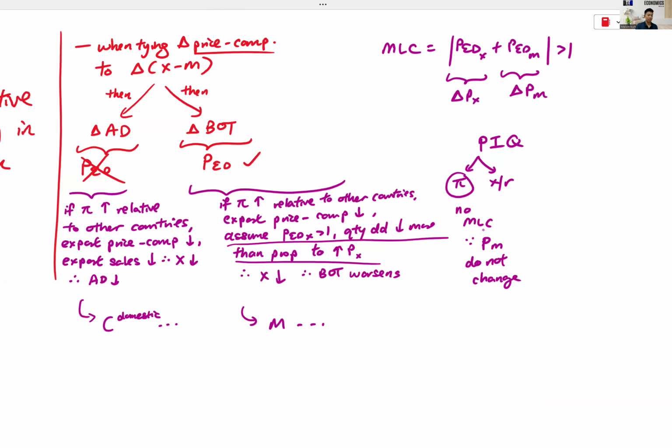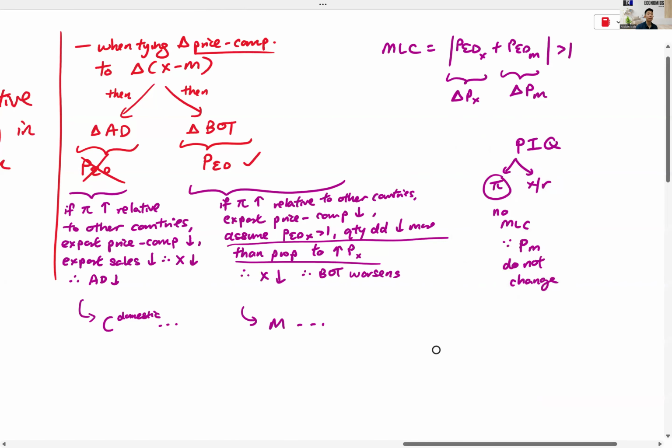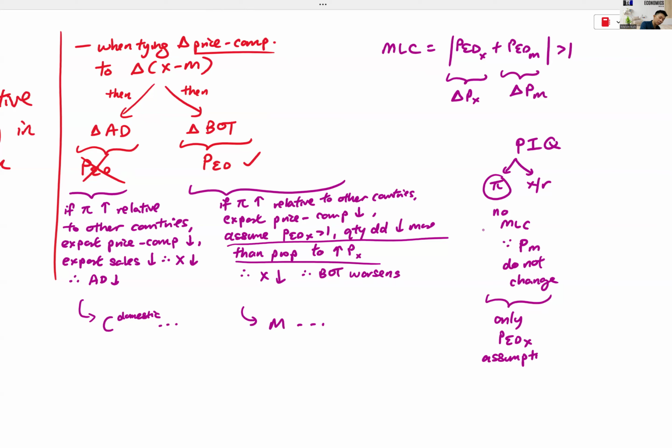MLC is like, sometimes they will say, using a butcher's knife to kill a chicken. MLC is that butcher's knife because it carries both PEDX and PEDM. If you're just talking about inflation in your country, the price of imports from China, from India, from Malaysia don't change. So we don't need PEDM. That's why we only have PEDX. Only PEDX assumptions are relevant.